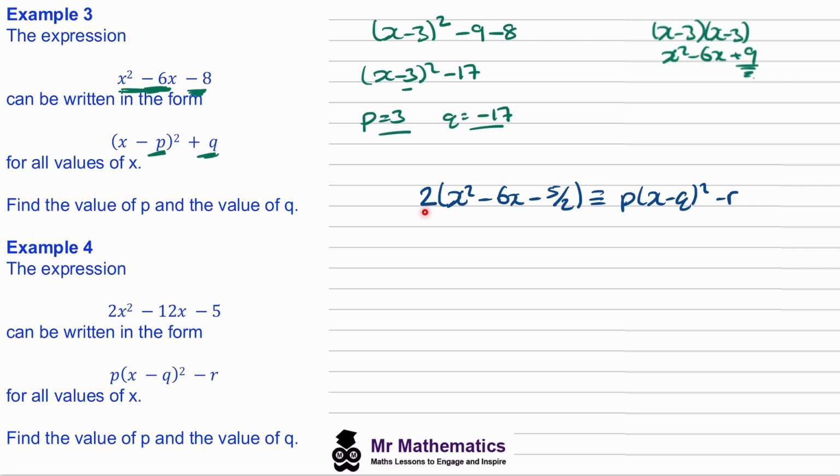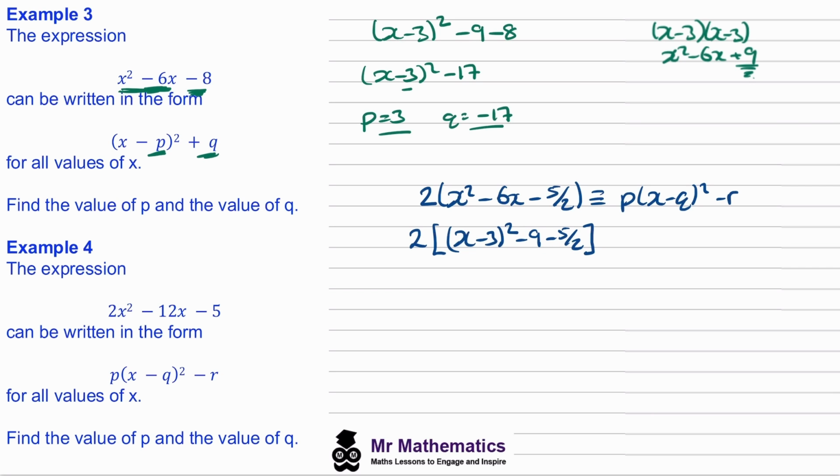We'll leave this 2 alone for now and we'll complete the square from this bracket. So 2 multiplied by x minus 3 squared. We'll need to take away the 9. And then we need this negative 5 over 2. The easiest thing we can do here is to write this 9 as the common denominator with this fraction.